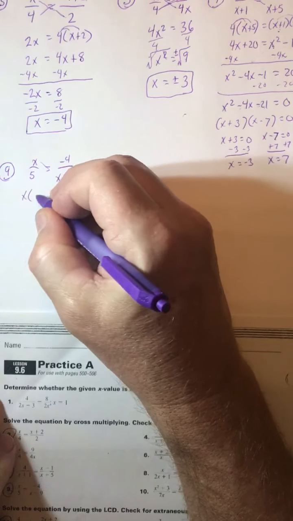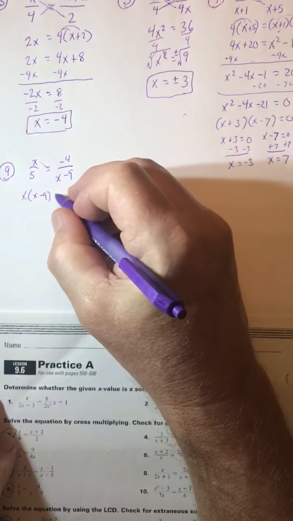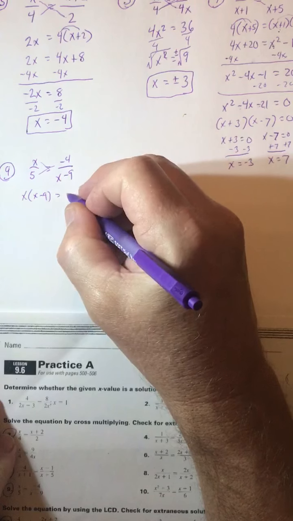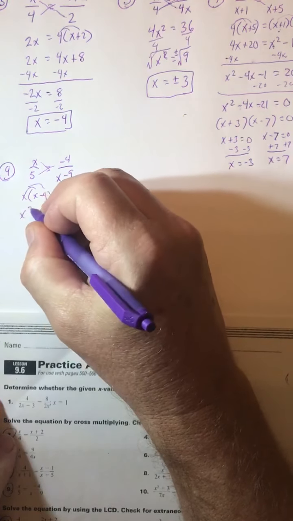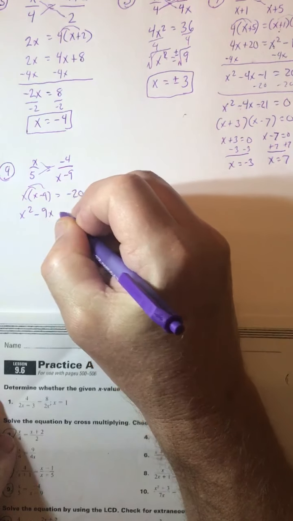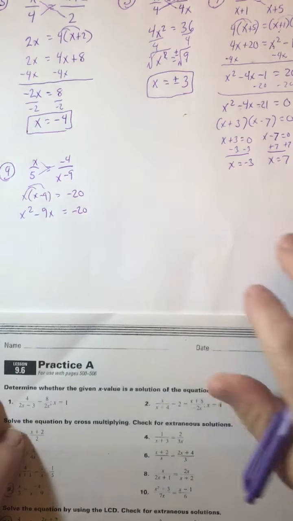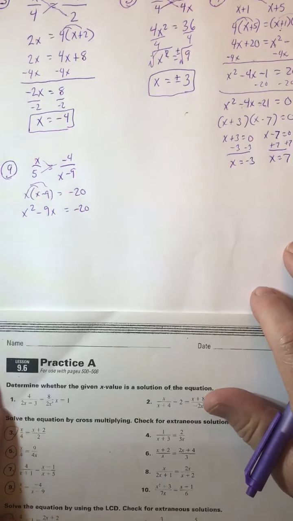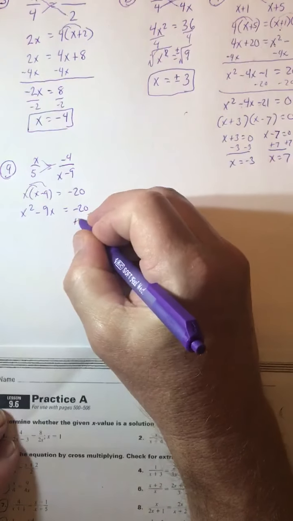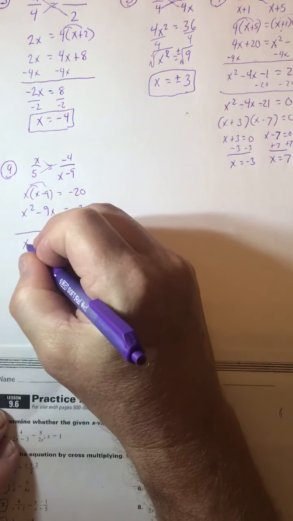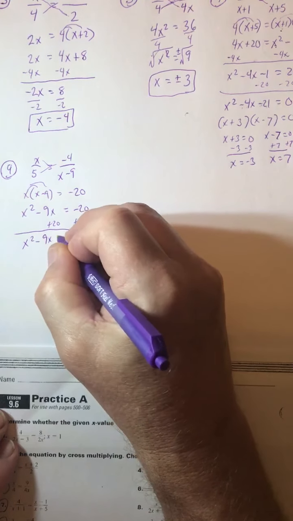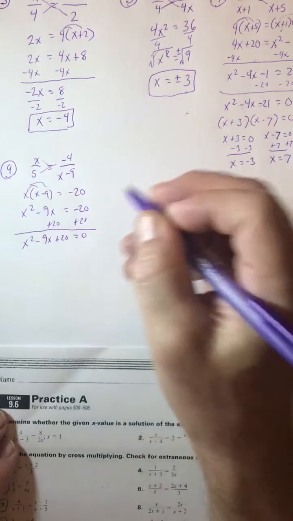So I have x times x minus 9, and then 5 times negative 4 is negative 20. Distribute this, x squared minus 9x equals negative 20. All right, and then we add 20. Got x squared minus 9x plus 20 equals 0.